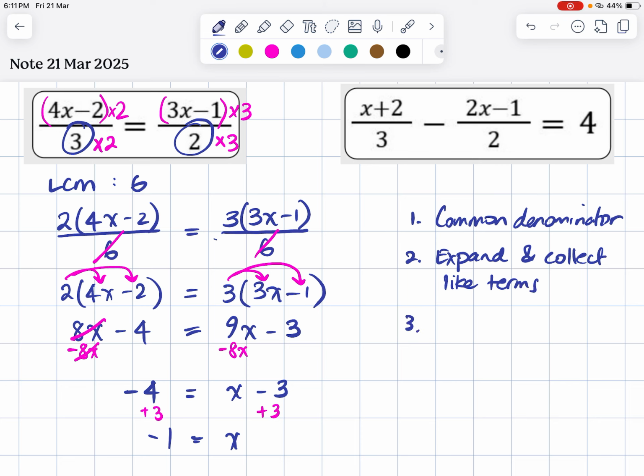Step 3, variables to the same side. And then step 4, rearrange by working backwards.